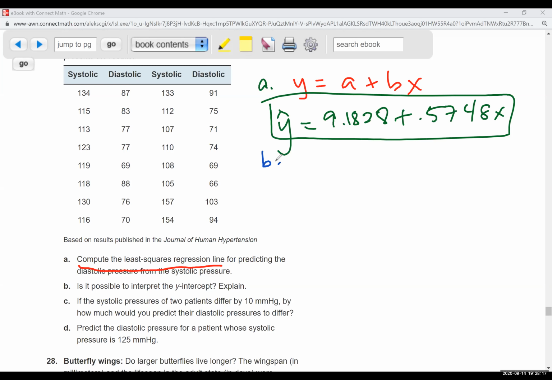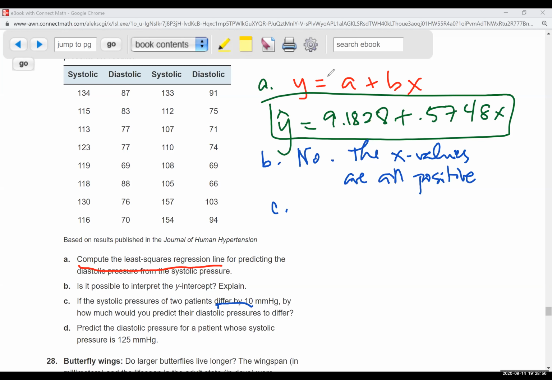Letter B. Is it possible to interpret the y-intercept? No. Why not? X values are all positive. Very good. And then letter C, if the systolic blood pressures of two patients differ by 10, by how much would you predict their diastolic pressures to differ?